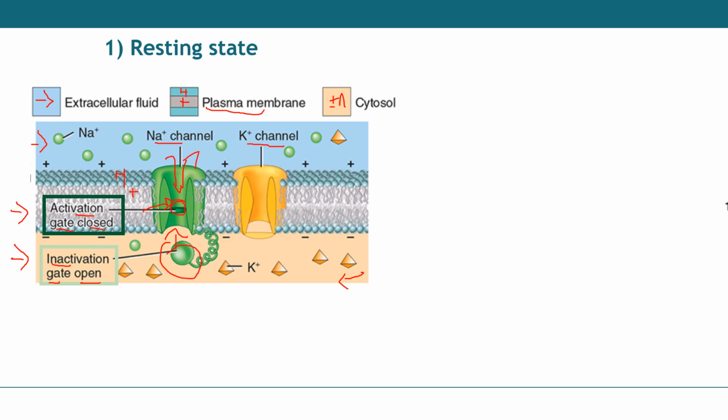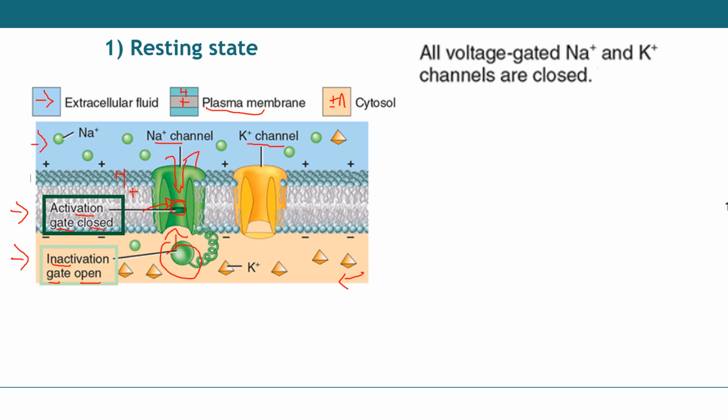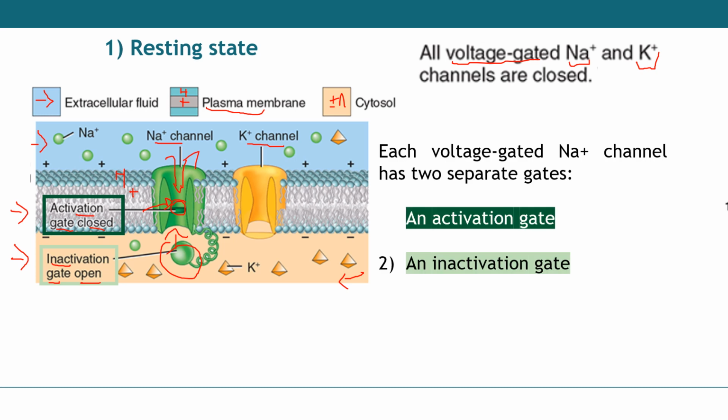So what I told you so far is that in the resting stage, your textbook focuses on the voltage gated channels, and here they show you two of them, sodium and potassium, and both are closed, so there is no flow of ions. In particular, they want to show you that there are two types of separate gates.